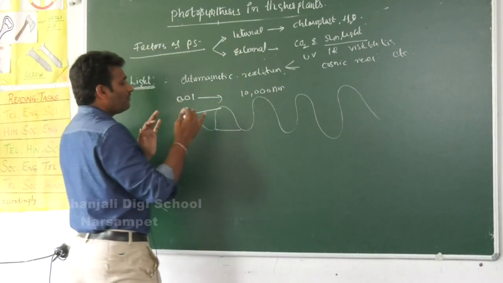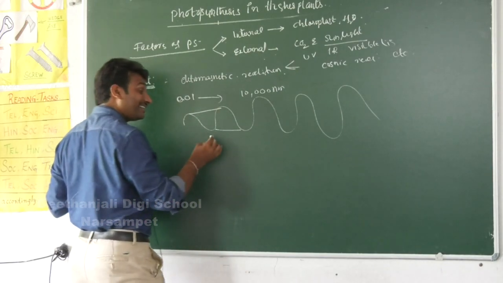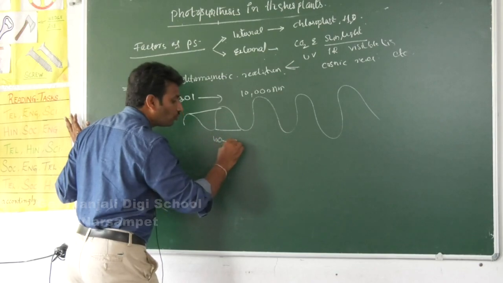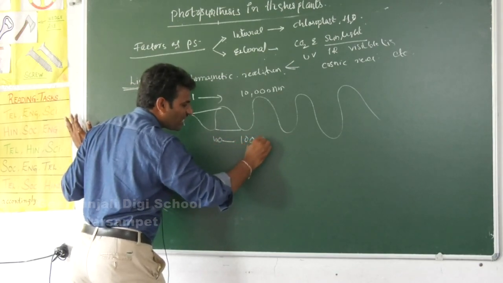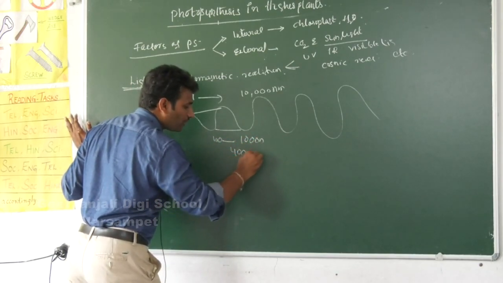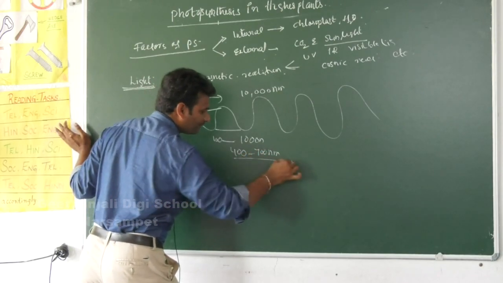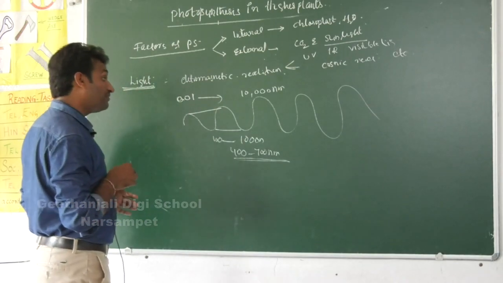Especially the visible light lies between 100 to 1000 nanometers, especially 400 to 700 nanometers. This is the wavelength of the visible light.